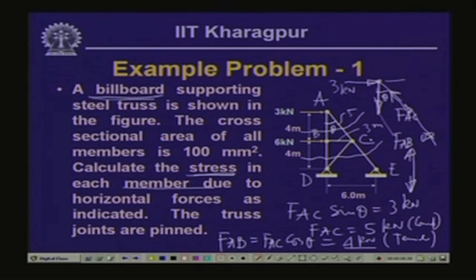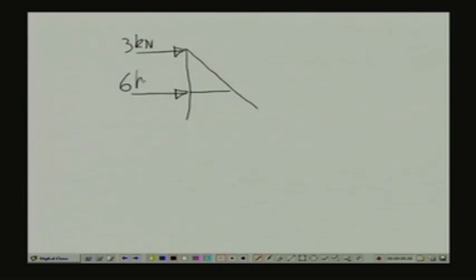structure from here and take the free body of the upper part of it, then we get a configuration which is like this. Here we have 3 kilonewton, here we have 6 kilonewton.